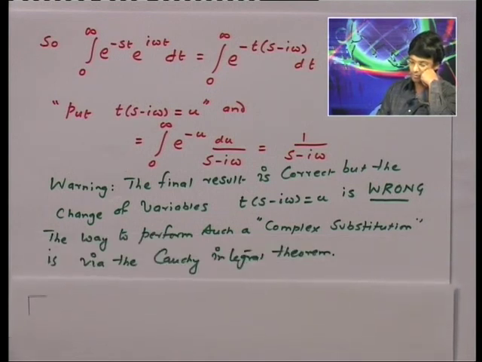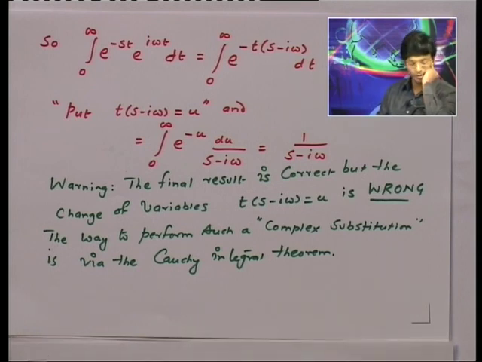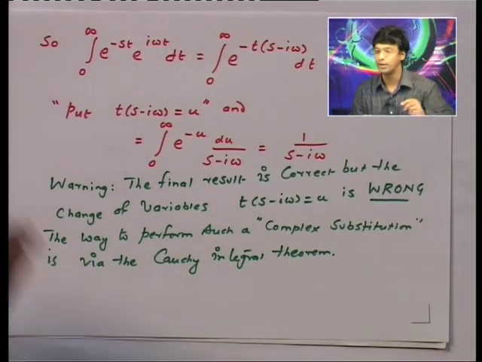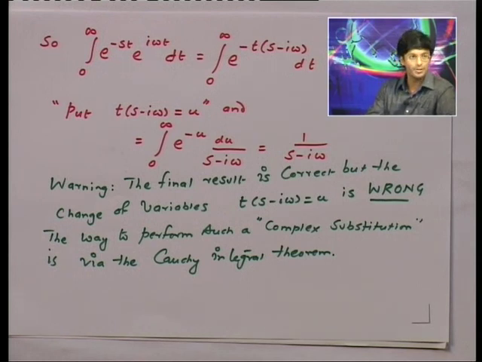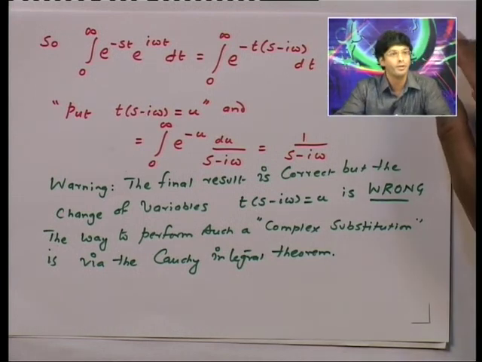The way to perform such a complex substitution is via the Cauchy integral theorem. You can make the change of variables formula, but not directly, in conjunction with Cauchy's theorem in complex analysis. That is a correct way to do it, and we shall see the correct way to do it in a few minutes, but let us go further.